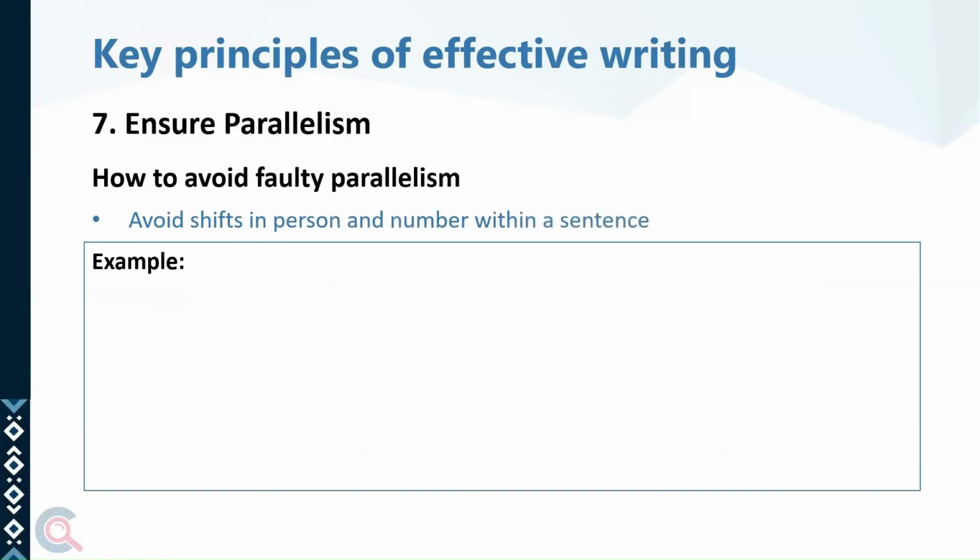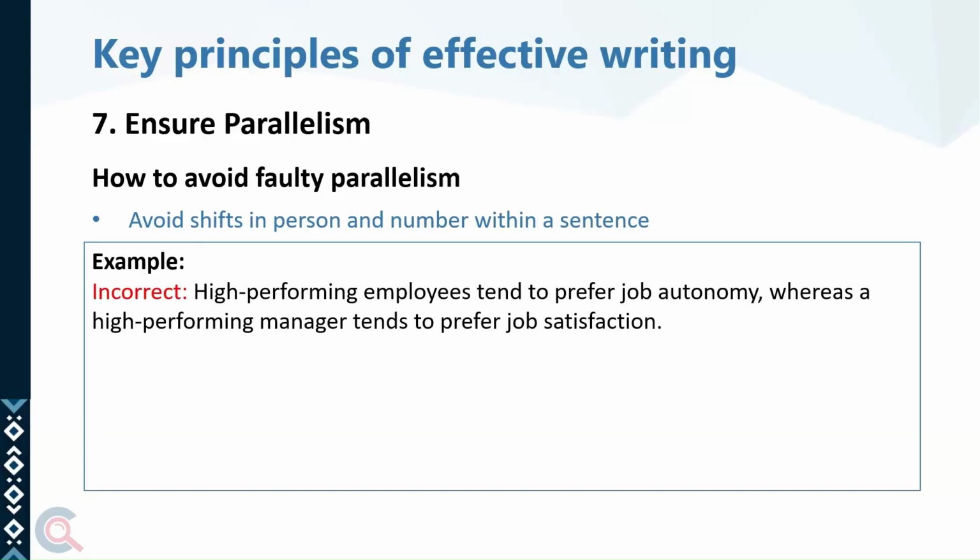The next one, avoid shifts in person and number within a sentence. If you're writing your sentences, ensure that you maintain either the singularity or the plurality in the numbers or the persons being used in the sentence. For example, this sentence, "High-performing employees tend to prefer job autonomy, whereas a high-performing manager tends to prefer job satisfaction."